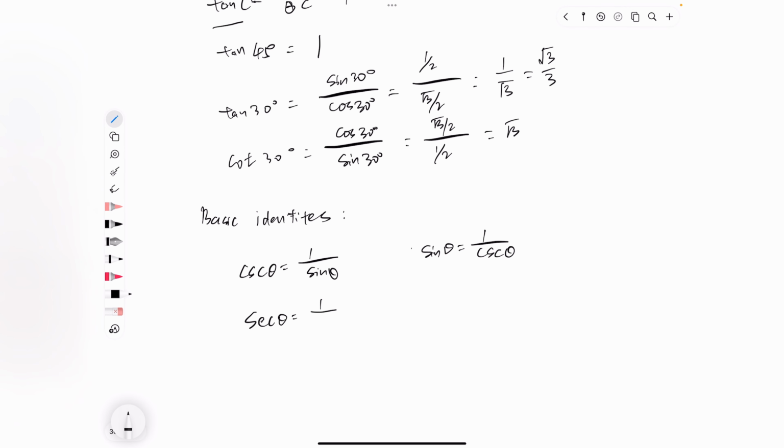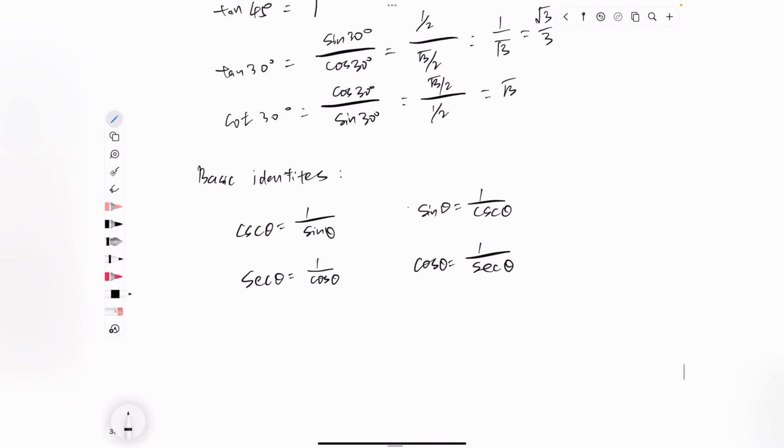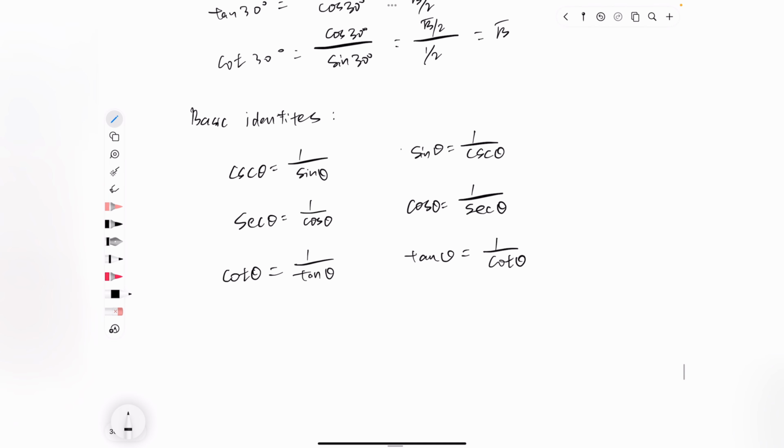Secant theta equals 1 over cos theta, and cos theta equals 1 over secant theta. Cotangent theta equals 1 over tan theta, and tan theta equals 1 over cotangent theta. And tangent theta equals sine over cosine, and cotangent equals cosine theta over sine theta.